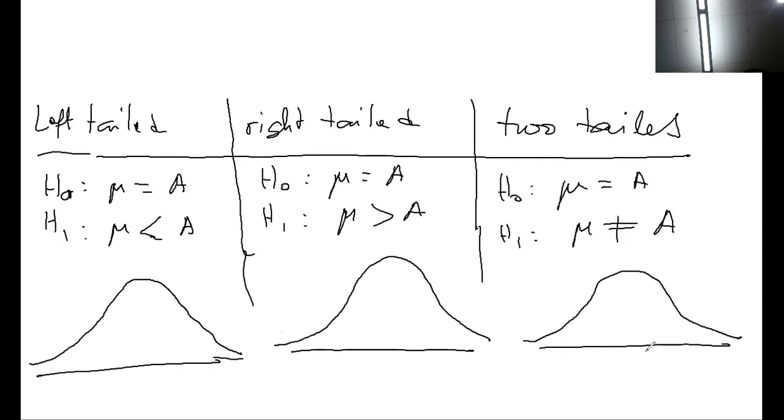So I will use these graphs to illustrate the reason why we call it left or right. I will start with the left tail test. In this case, the alternative hypothesis says that the mean is less than A. The null hypothesis says that the mean is A. If the alternative says the mean is less than A, then the null actually says it's greater than or equal to A. We write it always equal to because we want to start from that point.